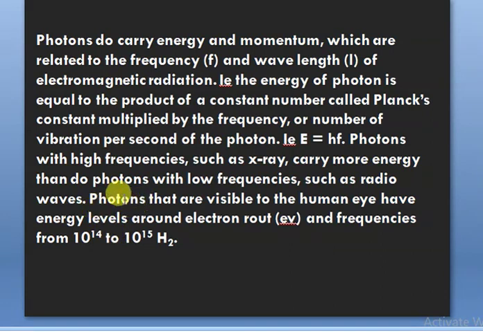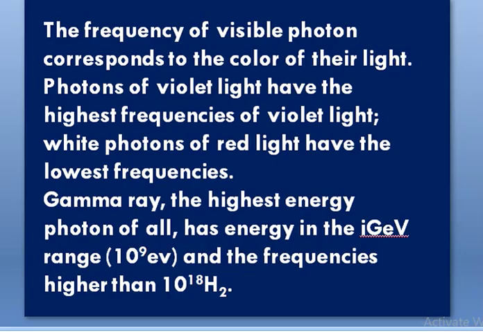For you to be able to see these photons, they have a particular energy and a particular frequency, from 10 raised to power 14, very high, to 10 raised to power 15.